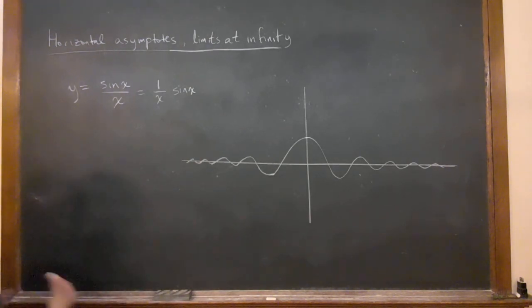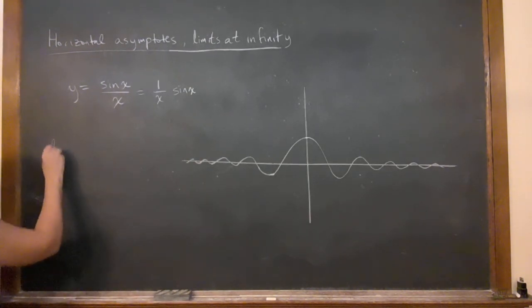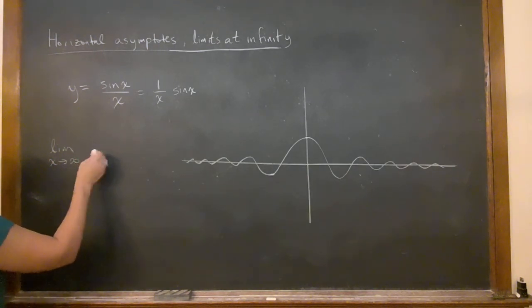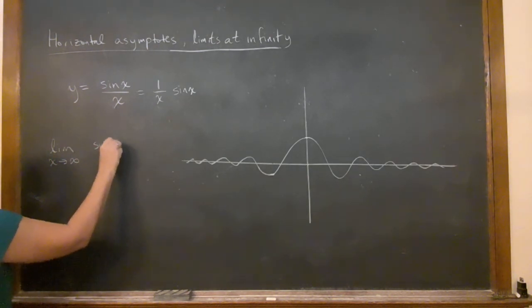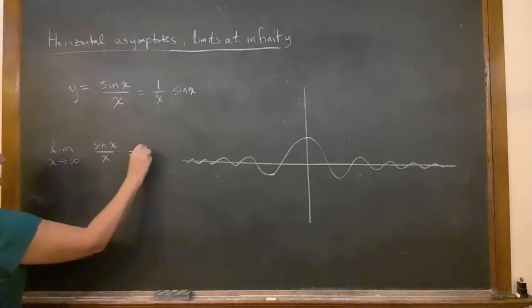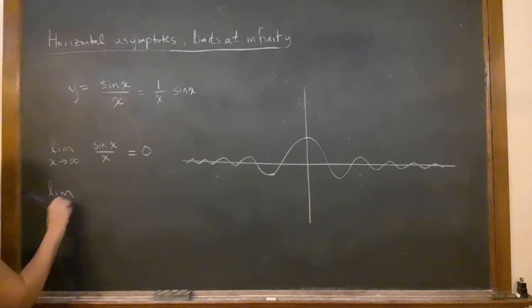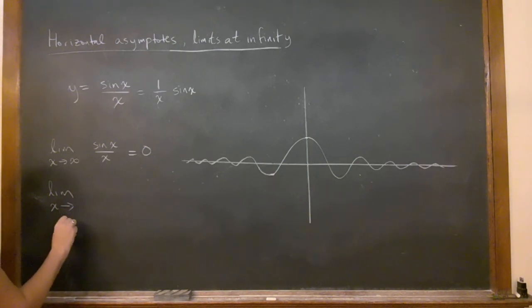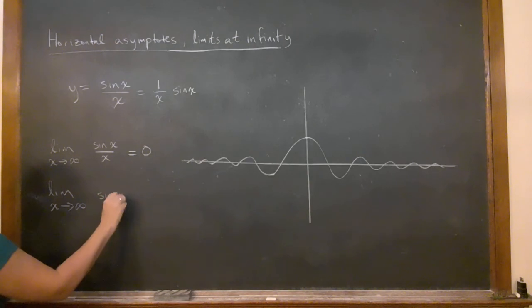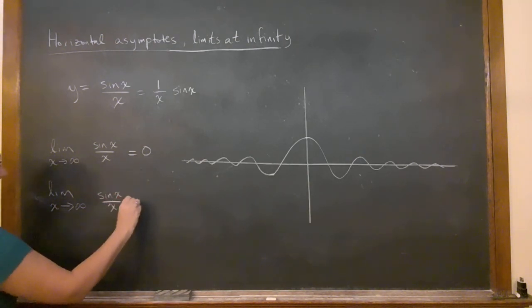And so just from this picture, I can see that the limit as x goes to infinity of this function sine x over x is actually 0. And the same thing, of course, is going to happen on the other side. And you're like, wait, it's sine x.